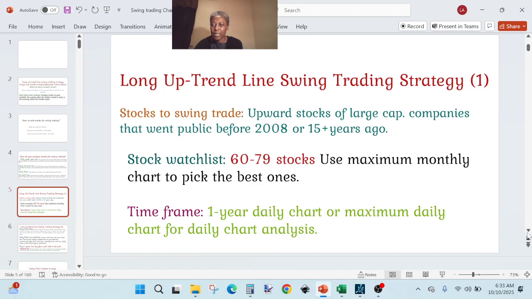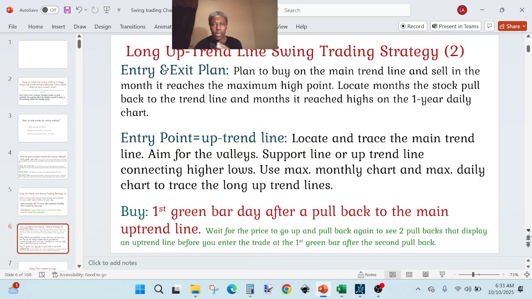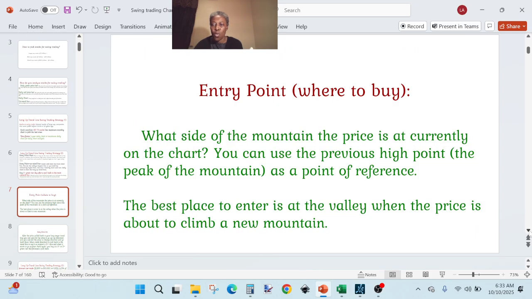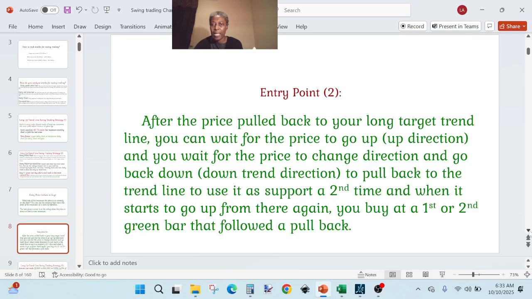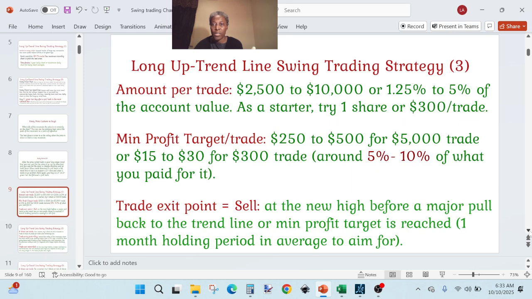But that is how you are going to start small. If you have a small account, you can set a price not to go over, or you can target for sure one share per trade just to test the stock for the first time. Or you can set a dollar amount that you don't want to go over.